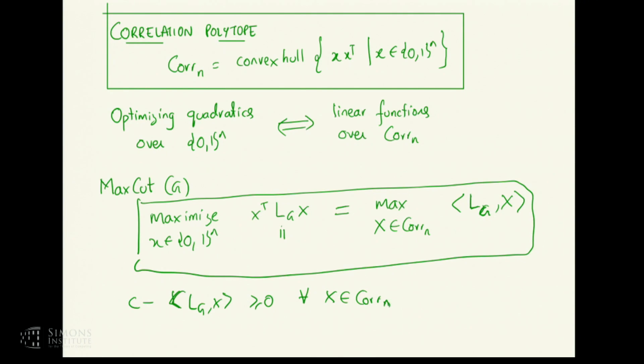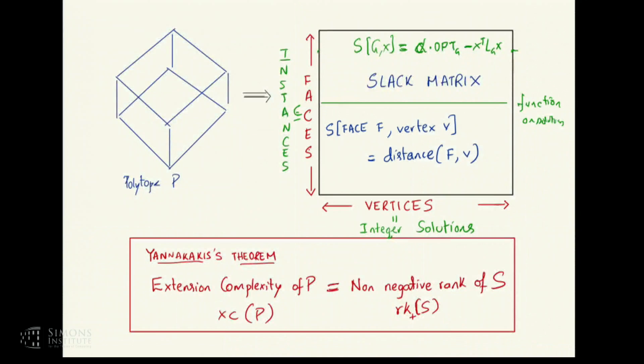This is what we're trying to certify. So this is a hyperplane that we want, that has the correlation polytope on one side. So that's an inequality. Therefore, essentially every row is an instance.